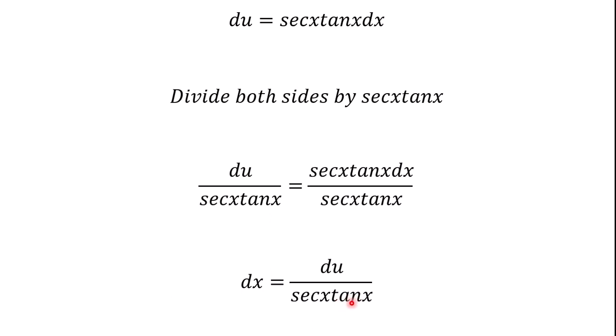So wherever we see tangent, we replace it with the square root of secant squared x minus 1. And also we know that secant x is equal to u.